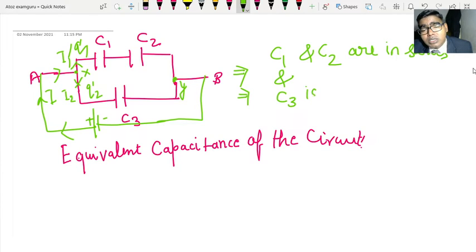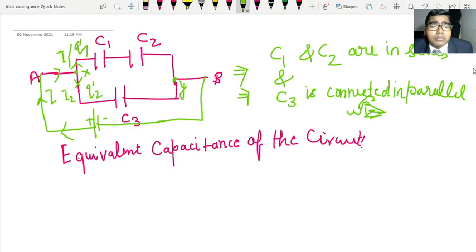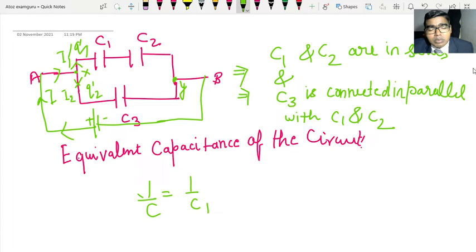So what do we have to do? For the series elements, we use 1 upon C equal to 1 upon C1 plus 1 upon C2.